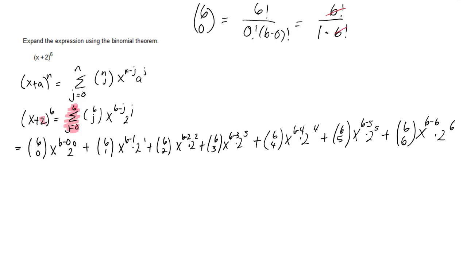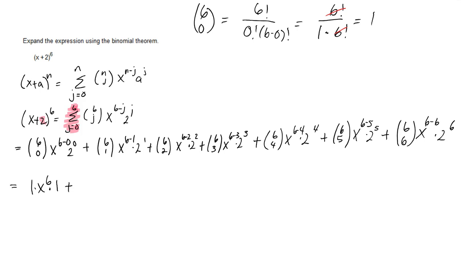This cancels out completely to be 1. So 6 choose 0 is 1. Then we have times x to the 6th power times 2 to the 0 power, and 2 to the 0 power is 1.